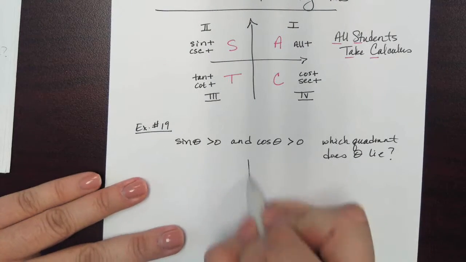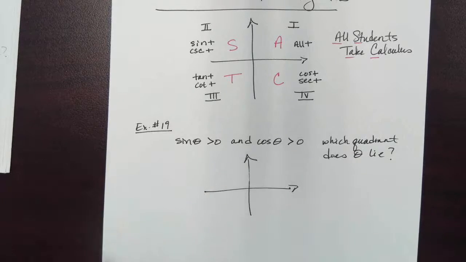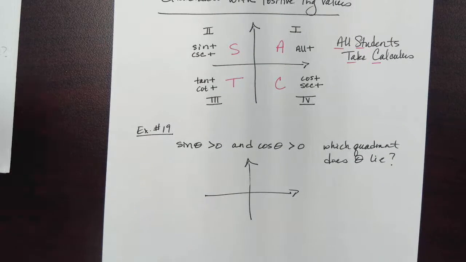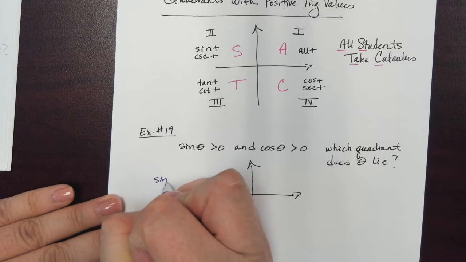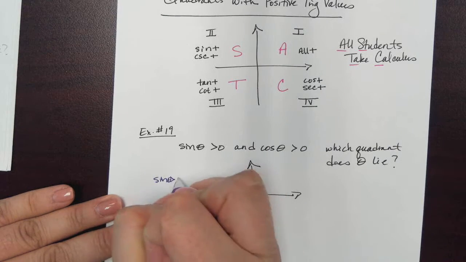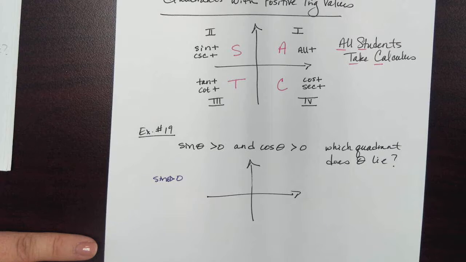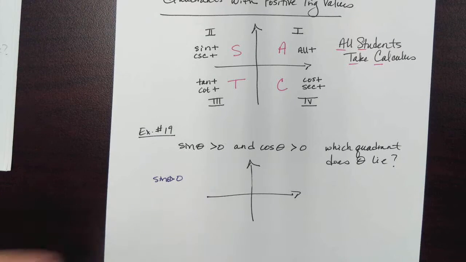So what I do when I'm doing this is I will say, okay, let's do sine theta greater than 0. In which quadrants is sine positive? 1 and 2.